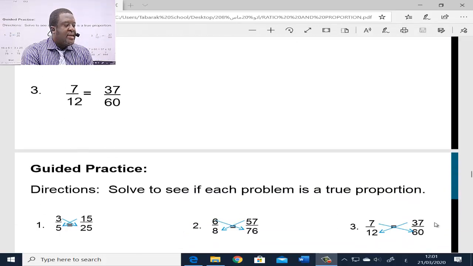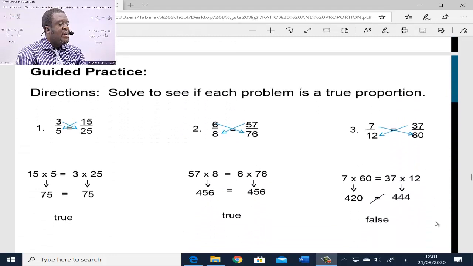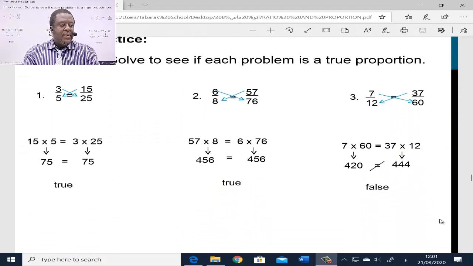Now for the guided practice, as we can see, the first one, when we cross multiply, we have 15 times 5 on the left-hand side, which is equal to 3 times 25 on the right-hand side. Both the left-hand side and right-hand side give 75, which means that we have a true proportion.